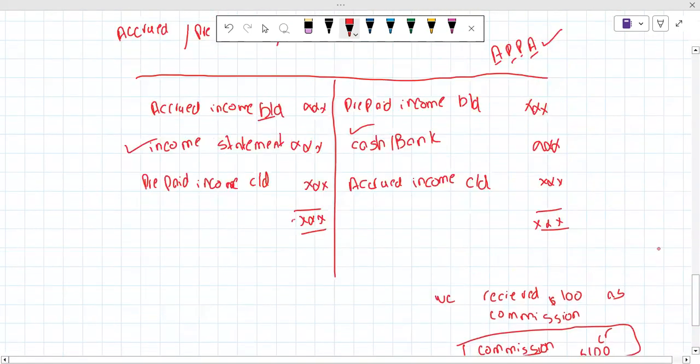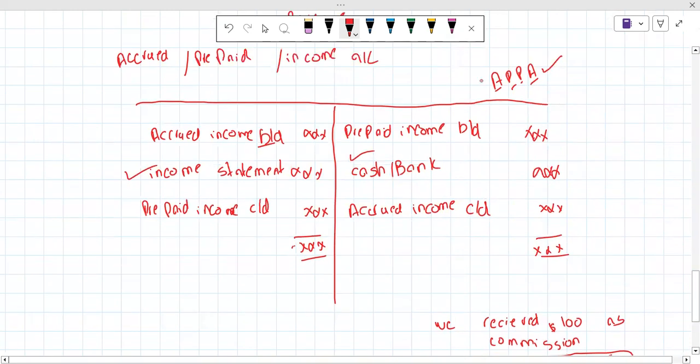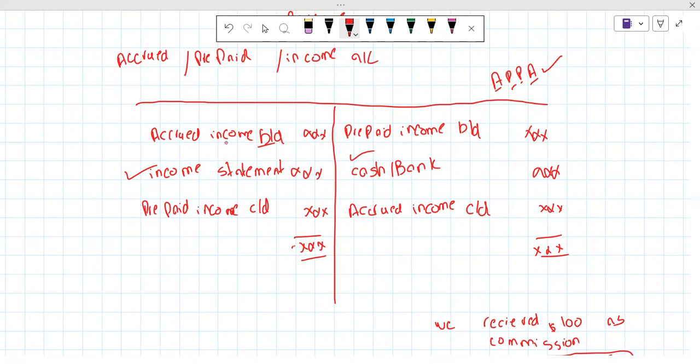So the same is happening in this APA account: accrued, prepaid, accrued. In this income account, when we receive any amount during the year, our cash and bank would increase, so income would be credited and cash and bank would be debited.